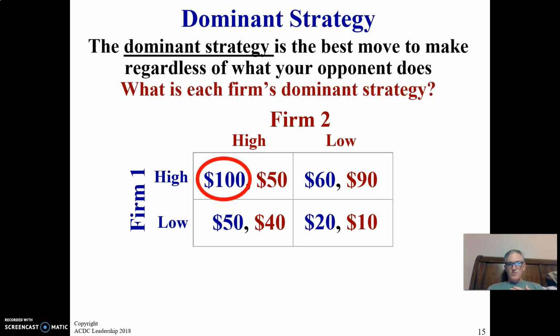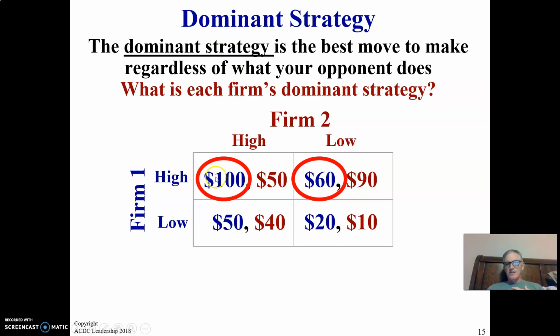You would want to make $100 profit. Let's see, what if firm two priced low? Firm one, would you rather make $60 profit or would you rather make $20 profit? You would rather make $60 profit. So notice firm one has a dominant strategy of pricing high.